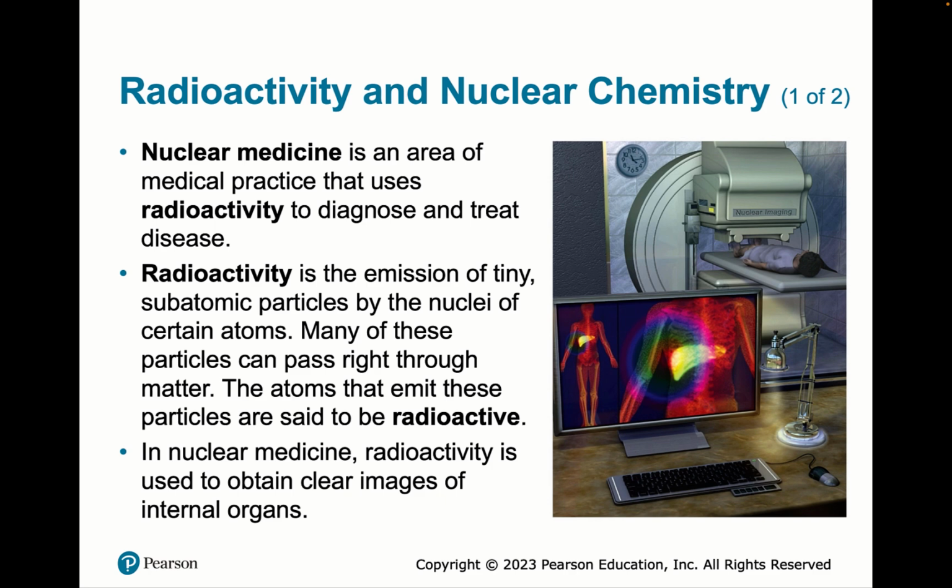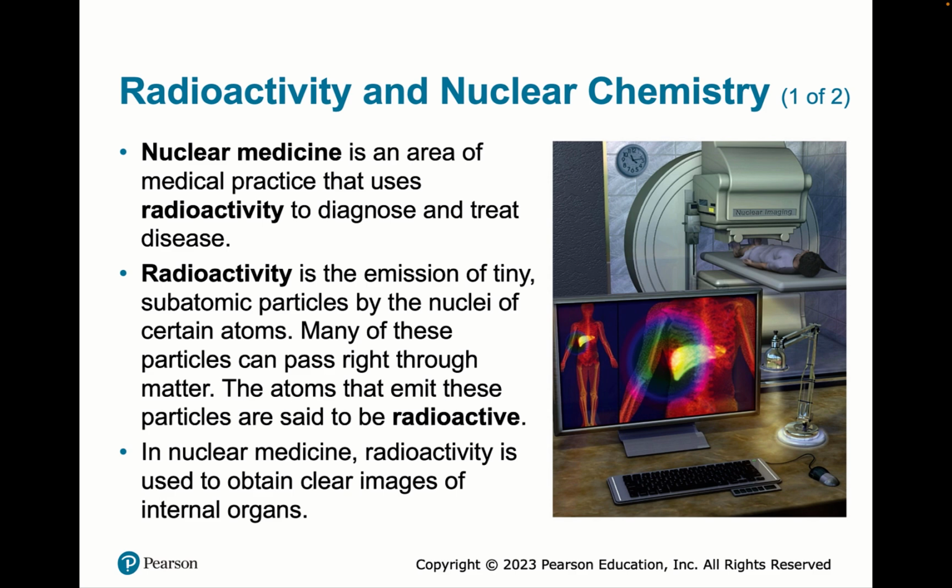The strong nuclear force is stronger than the electrostatic repulsion. But in certain circumstances the repulsion is stronger than the strong force holding it in, and then the nucleus is unstable and it's radioactive.